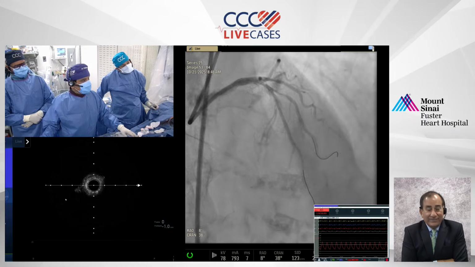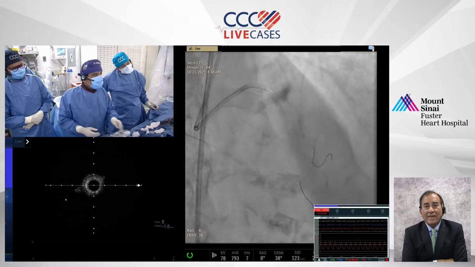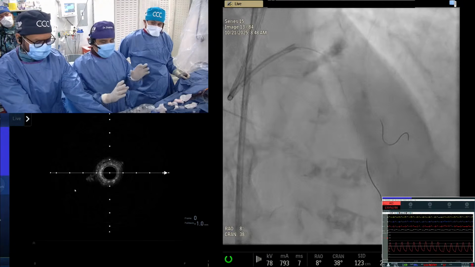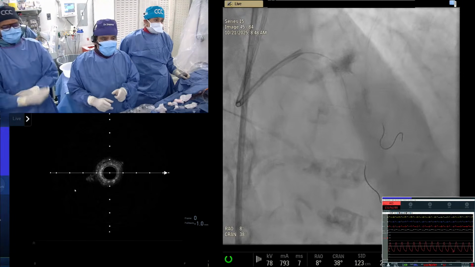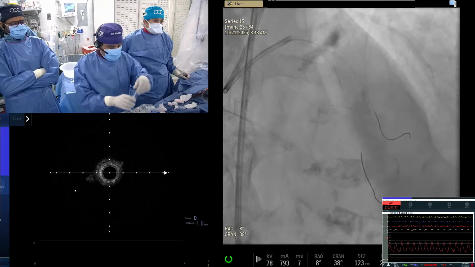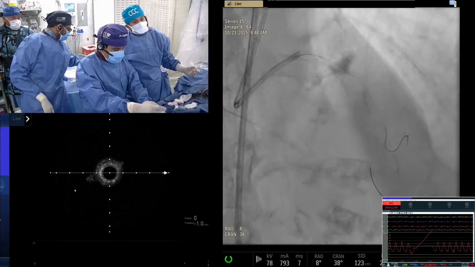That is correct, and so therefore IVL is not the issue. The problem is if you do IVL, you discharge the patient, and not every insurance company reimburses. There is a lot of practice difference compared to outside the USA, where whatever you do, you are paid. That is a 2.5 by 12 balloon.